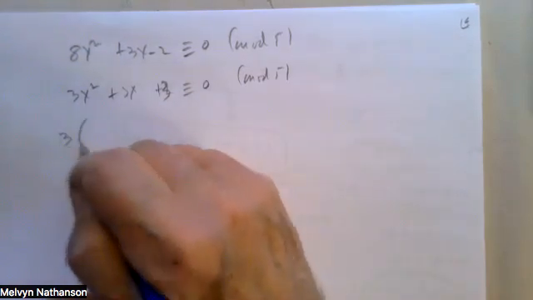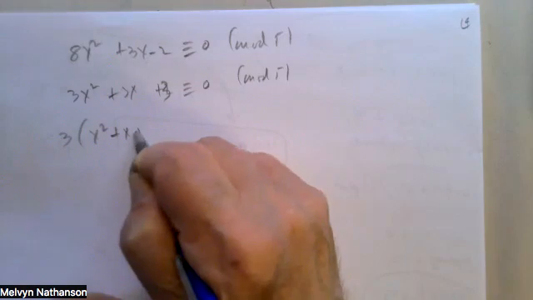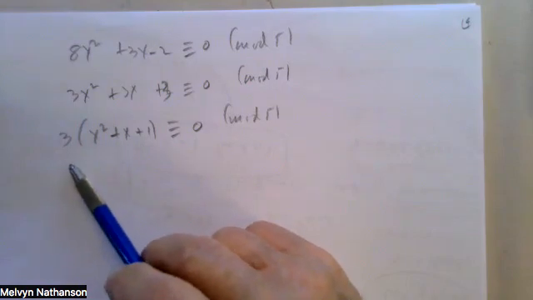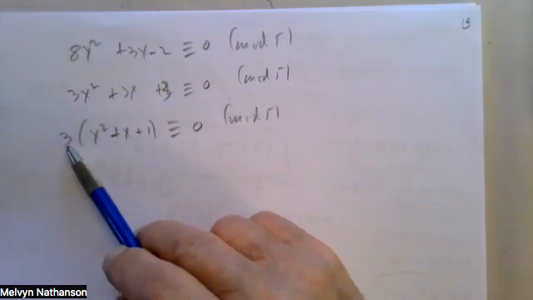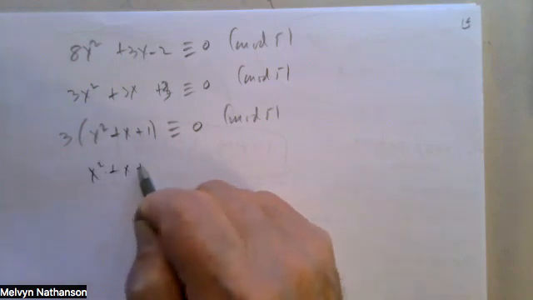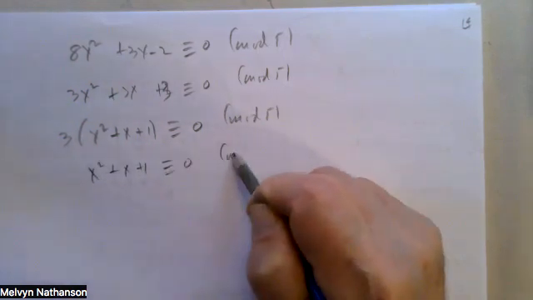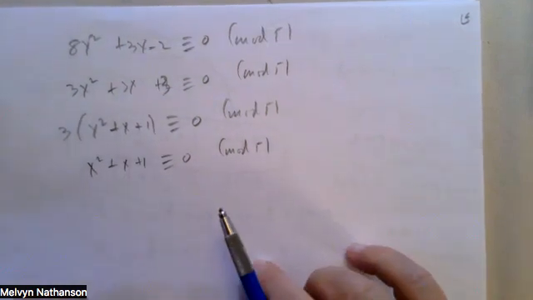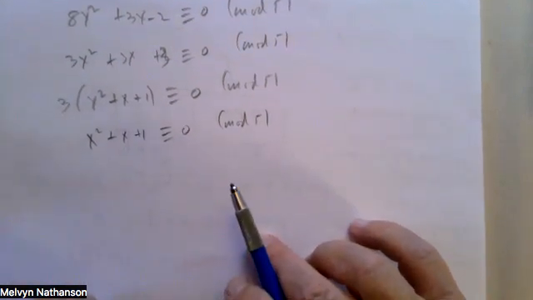So this is the same as 3 times x squared plus x plus 1, congruent to 0 mod 5. And if this has a solution, 3 is relatively prime to 5, so x squared plus x plus 1 is congruent to 0 mod 5. We have to look for a solution of this equation.